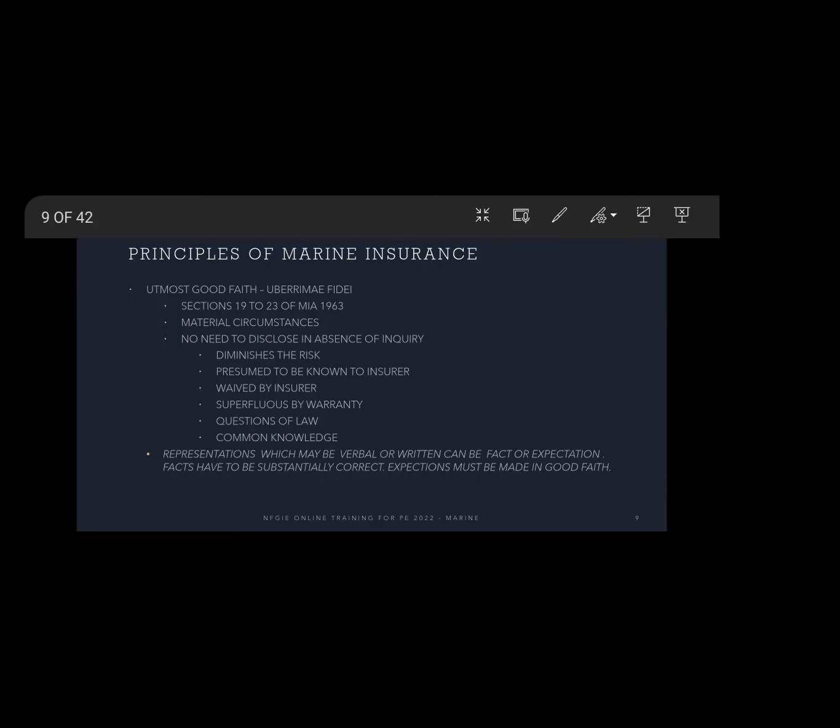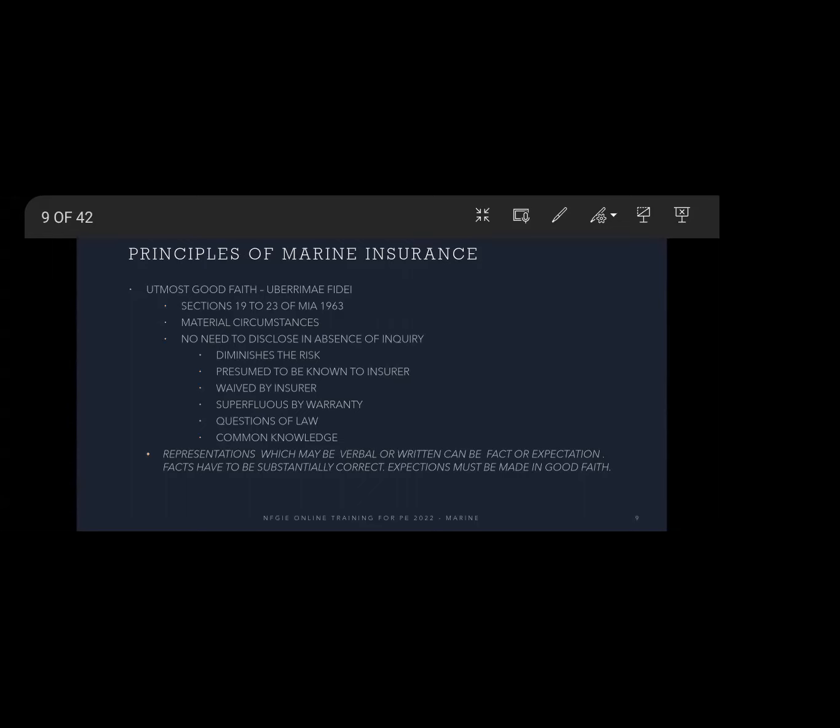However, we have to understand what we mean by material circumstances. As far as the insured is concerned, material circumstances are those things which will affect the judgment of a prudent underwriter, and it will affect the judgment in such a way that he will be able to take two decisions.